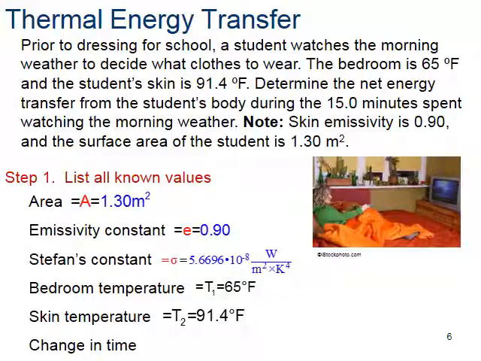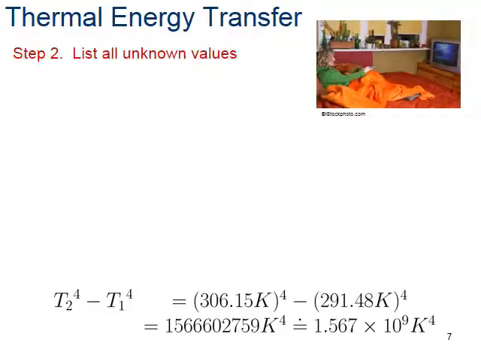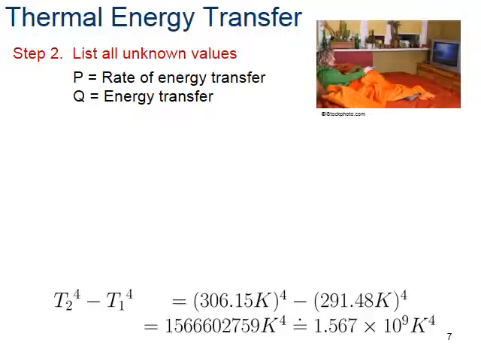So we can calculate that it's not delta T, but we'll come back to that in a second. And we know that we're talking about a time span of 15 minutes. And again, we want to express that in terms of seconds. So we list the unknown values. We don't know P, and we don't know Q.